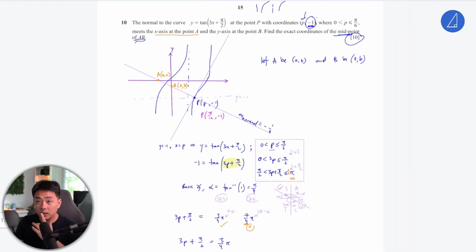Okay, now the thing about this is essentially we could find the line AB, the normal line, then we find the coordinate of A and coordinate of B, or we could just use the gradient formula to find A and B. I think I will use the gradient formula to find.